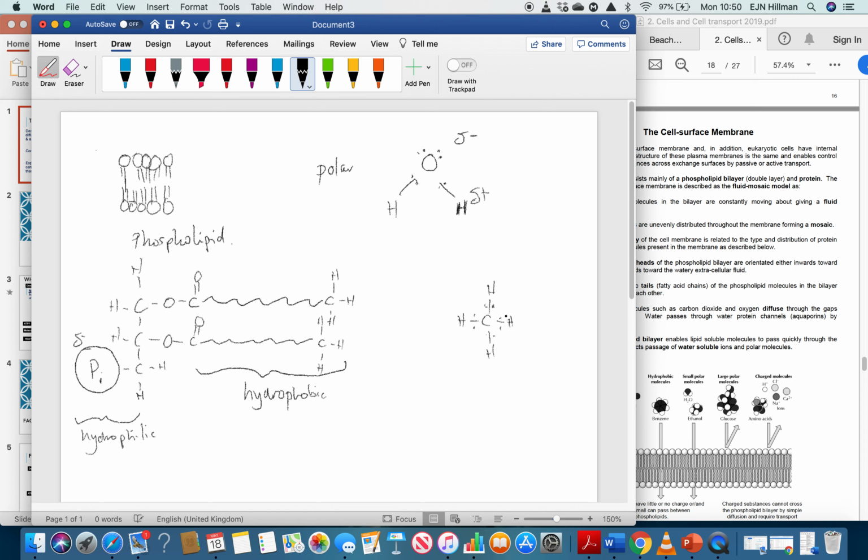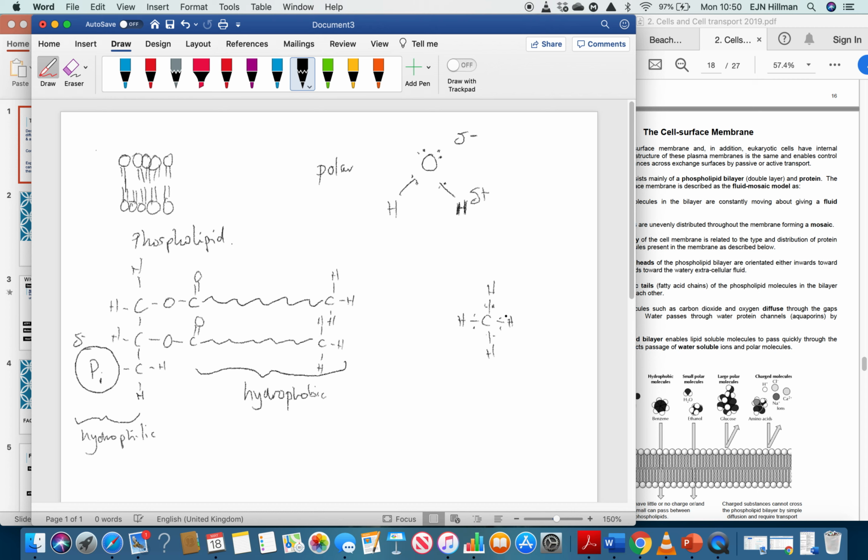Okay, so because of this hydrophobic region in here, between where those tails are present, any polar molecules are unable to cross the membrane.